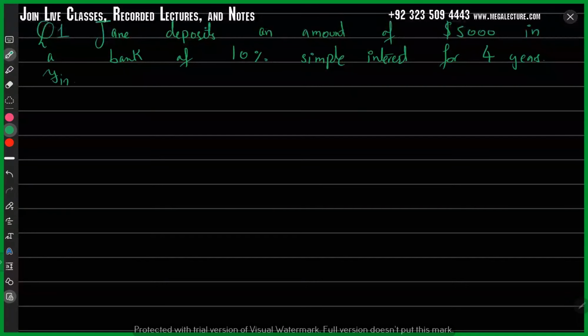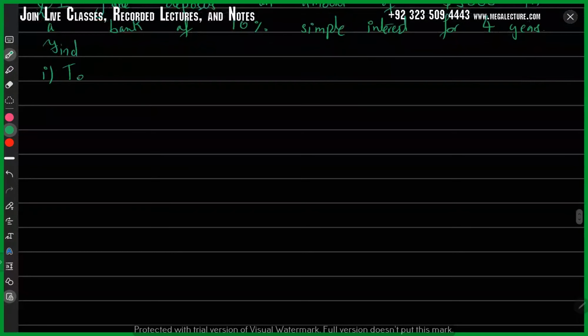Find, part A, the total amount of interest earned in 4 years. Okay, let's understand the question and then we will talk about the solution.